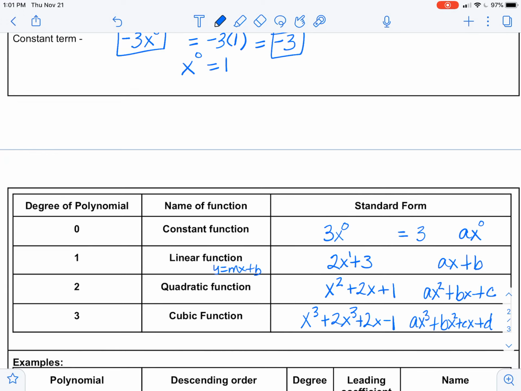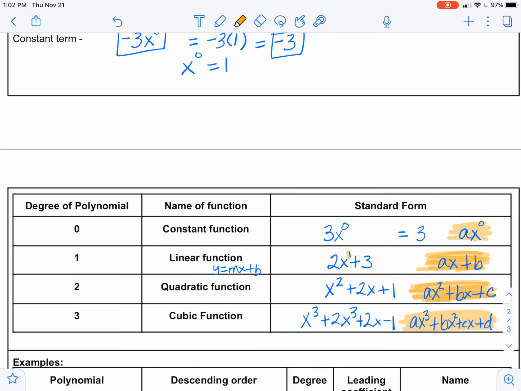Those, without numbers in them, would be your basic forms. And they do always just kind of go down with your letters A, B, C. Okay? So if I had a fourth degree, it would be ax to the 4, bx cubed, cx squared, plus dx plus e. Okay?